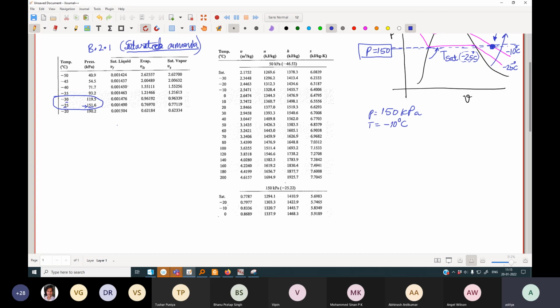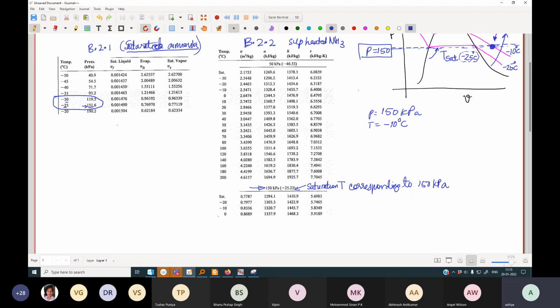So when we look at this, this is B.2.2, superheated ammonia. Under 150 kilopascal, we will first see an entry written in the bracket. The entry written in the bracket is the saturation temperature which corresponds to the pressure, that is, in this case, 150 kilopascal.